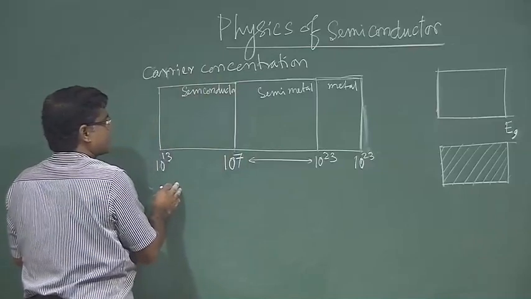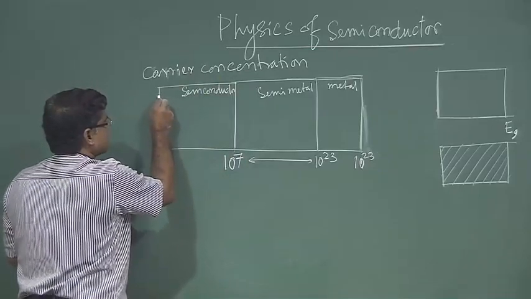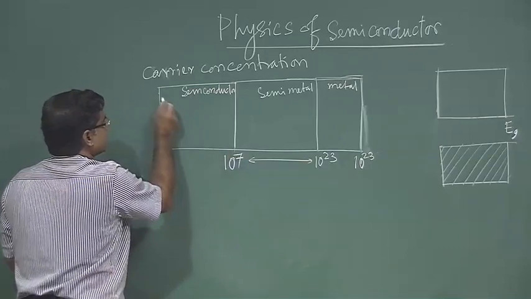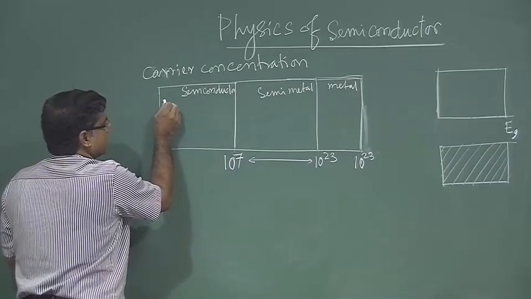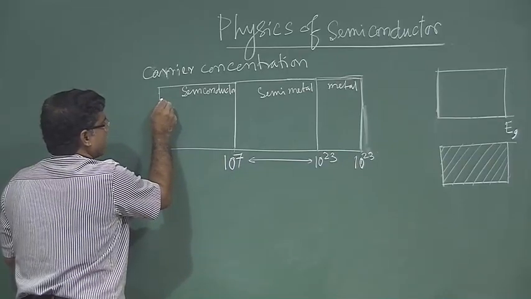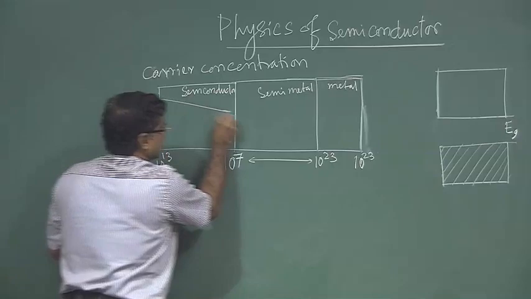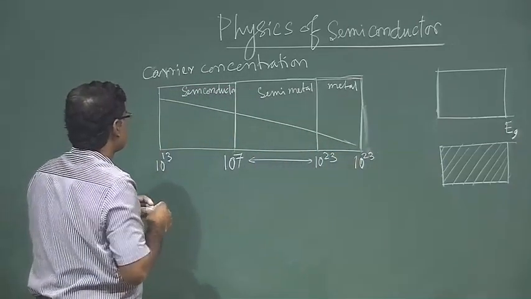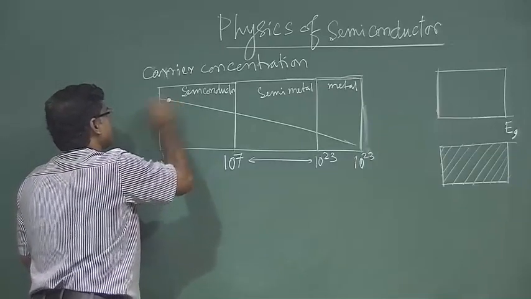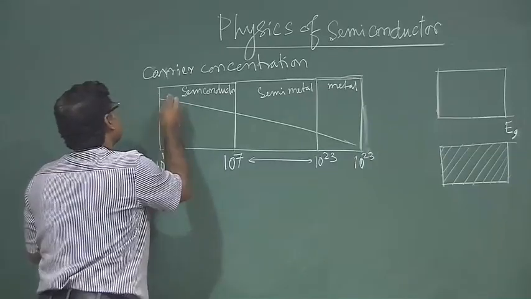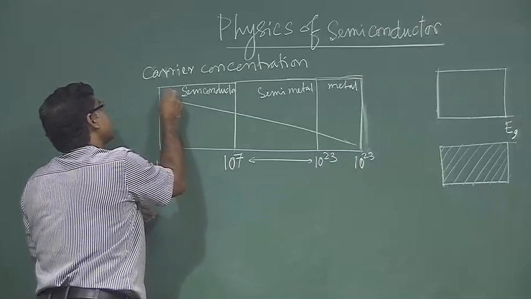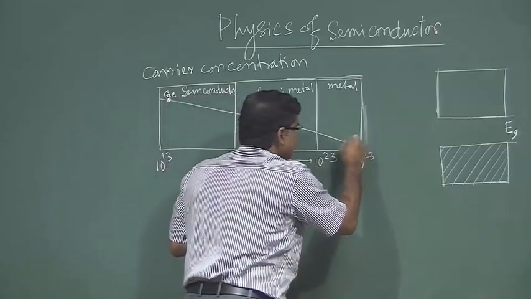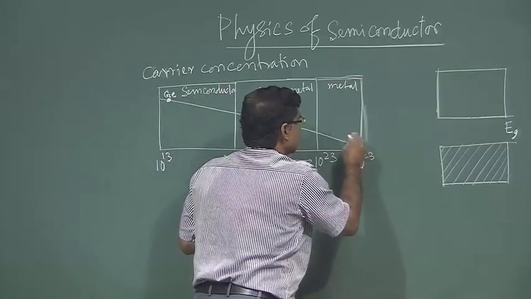So, if I put some concentration of electrons or carriers in some material, if I put a line like this, say this is the concentration of germanium, and the highest concentration here is basically copper.